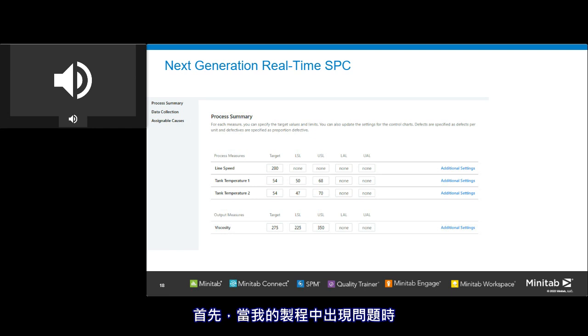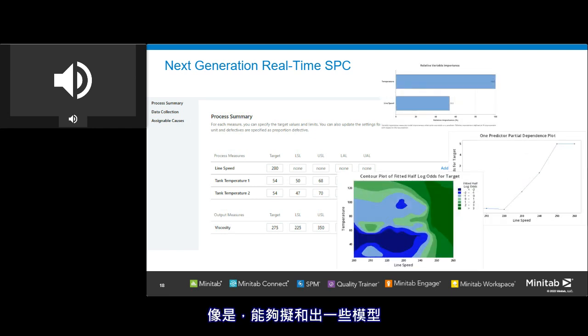One is that when I do have a problem on that process, I can start to investigate what's happening, and I can start applying some predictive analytics to that. So being able to fit some models and understand what are those relationships between the response and my inputs, and also be able to start to identify settings, areas where I do want to operate, areas that I want to avoid. So really, like I said, trying to get to root cause as fast as possible is the goal.